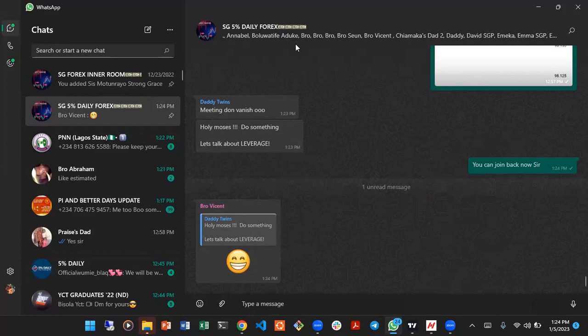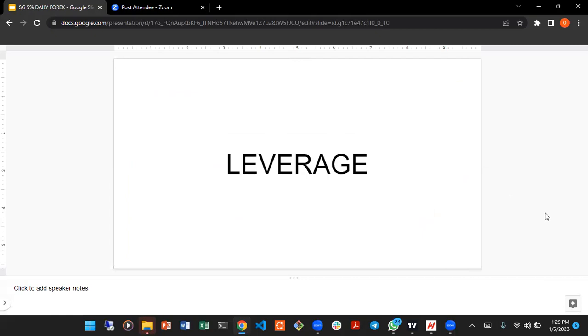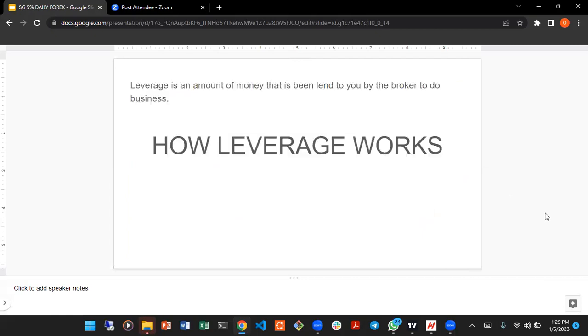Okay. So let me move back to leverage. Now, leverage is an amount of money that is being lent to you by the broker to do business.